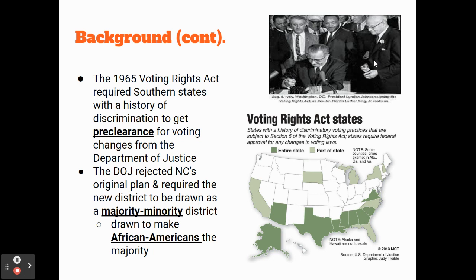majority within that district. So that's essentially the Department of Justice's role in this: when they're reviewing North Carolina's new district plan, they reject it and tell them that they want a majority minority district to be drawn. And the hope of the Department of Justice is that with African Americans in the majority within a singular district, it will hopefully lead to the election of an African American representative.